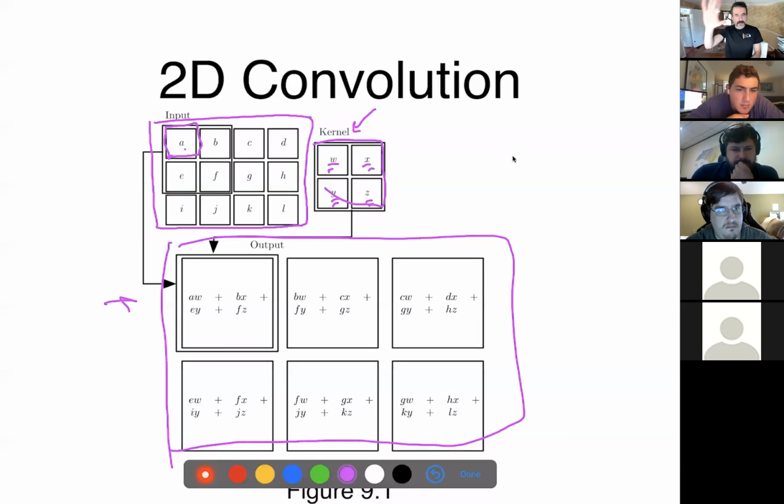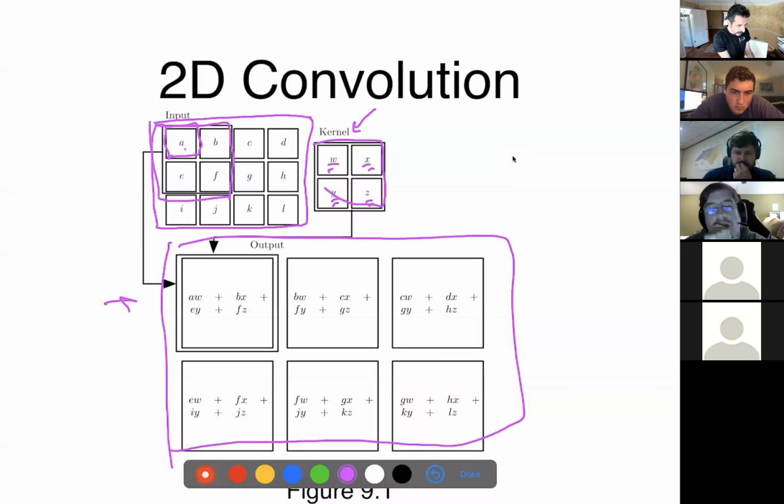So you slide the kernel over the input to produce the output, and the rest, the mathematics, is very simple. So, for example, if you put this kernel into this part, right? You start from upper left, and then you do the product between corresponding pixels, right?